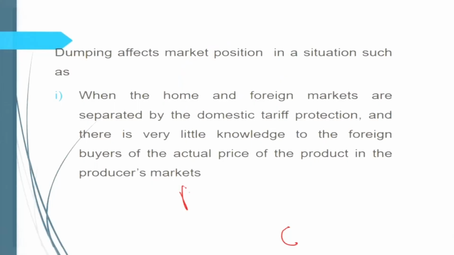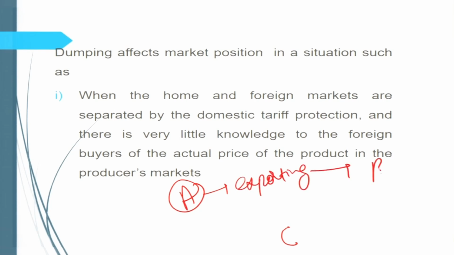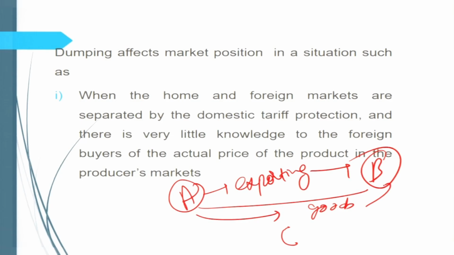I explain this, like we are assuming that this is country A exporting goods to country B, and there are charges that the goods from this country A are being dumped to this country B. Now, how can this dumping be successful?